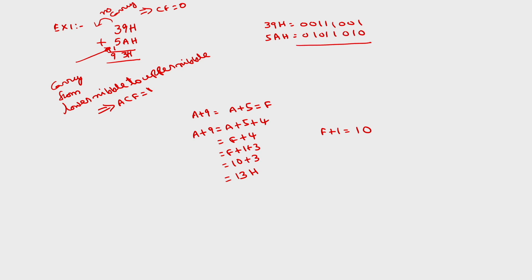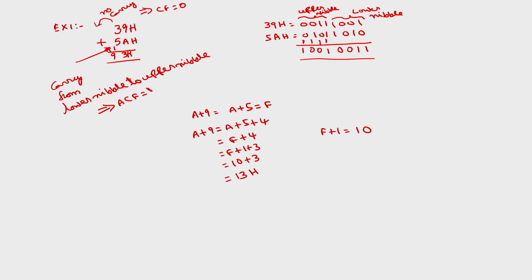If you perform the addition, this is the lower nibble, this is the upper nibble. 1 plus 1 is 1, 0 plus 1 is 1, 0 plus 0 is 0, 1 plus 0 there will be carry. So, 1 0, 1 plus 1 plus 1 is 1 1, 1 plus 1 is 1 0, this is 1, this is the result. So, this is the same as this, 93.